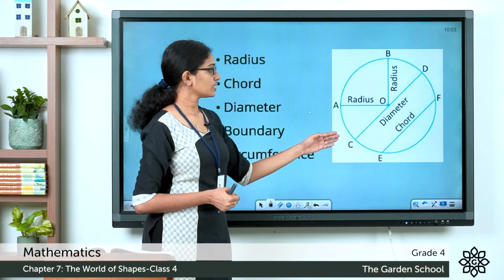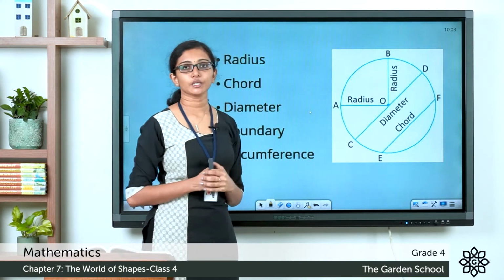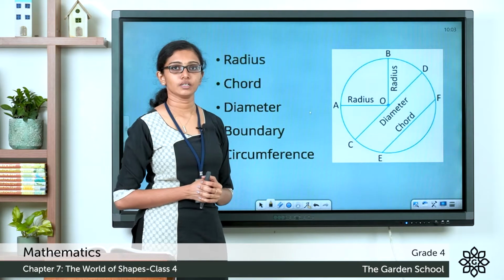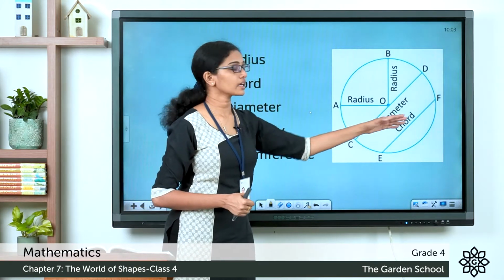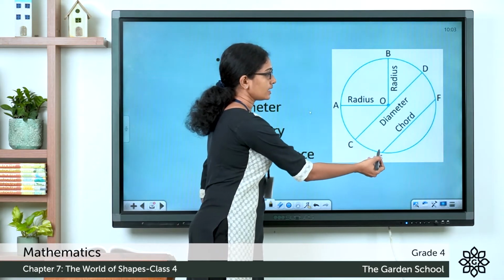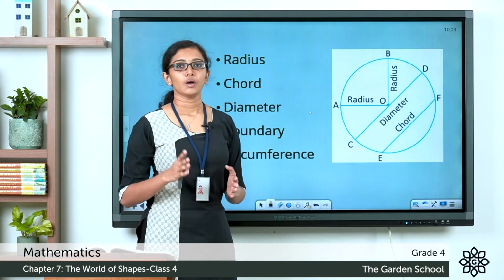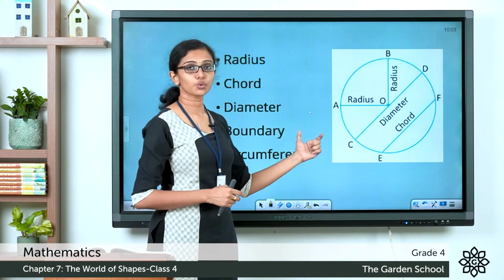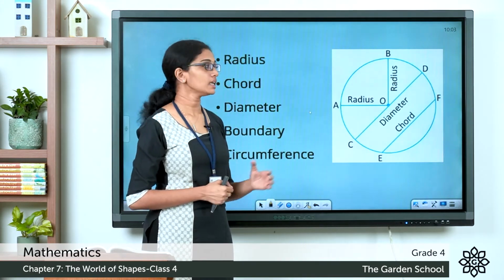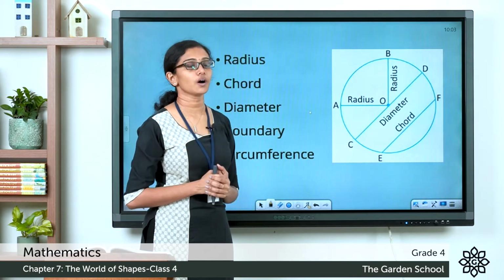And you see, you can draw lines from one point on the boundary to any other point on the boundary of a circle. So this line is called a chord of the circle. So here, the line EF is a chord of this circle. When you draw a chord between 2 points on the boundary of a circle and it passes through the center of the circle, you call that the diameter of the circle.